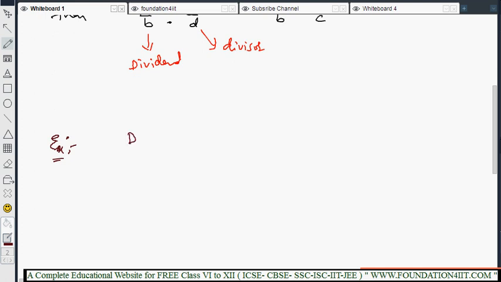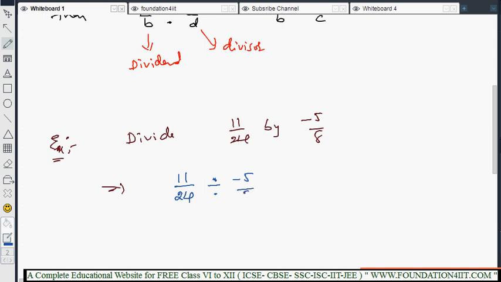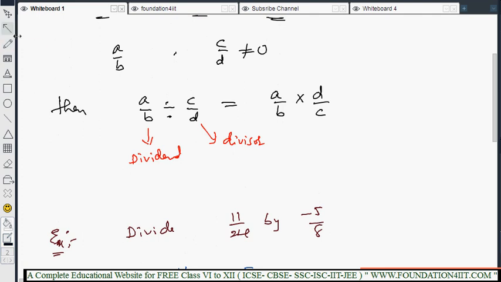For example, divide 11/24 by -5/8. According to the rule, what should you take first? 11/24 divided by -5/8. Now a/b divided by c/d is equal to a/b into d/c, because it's a reciprocal; when we convert division into multiplication, the divisor becomes its reciprocal.